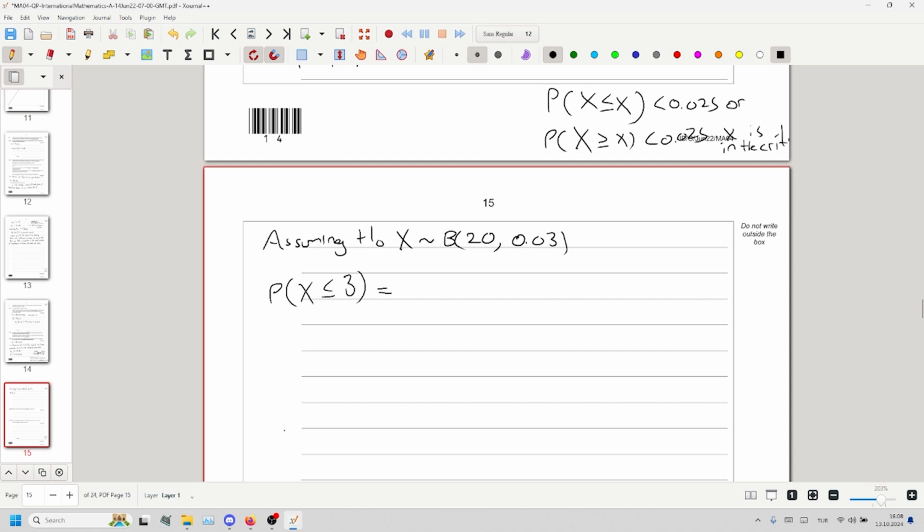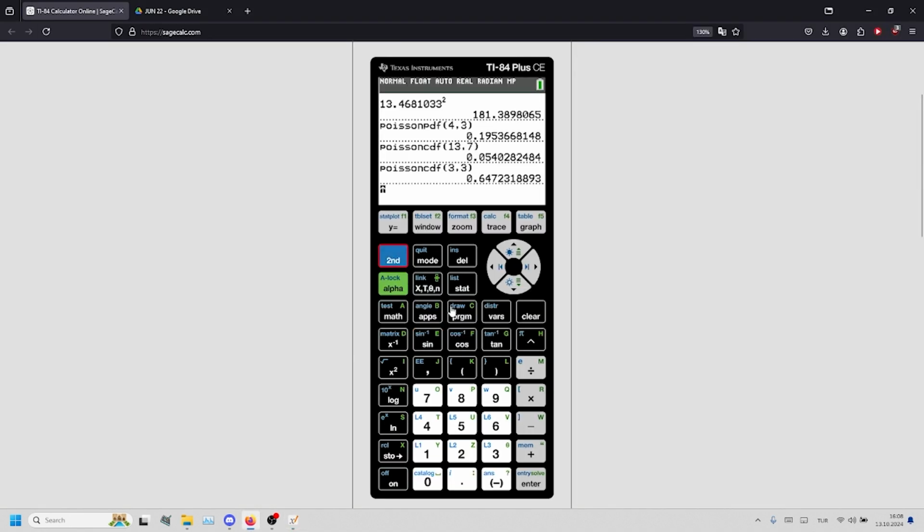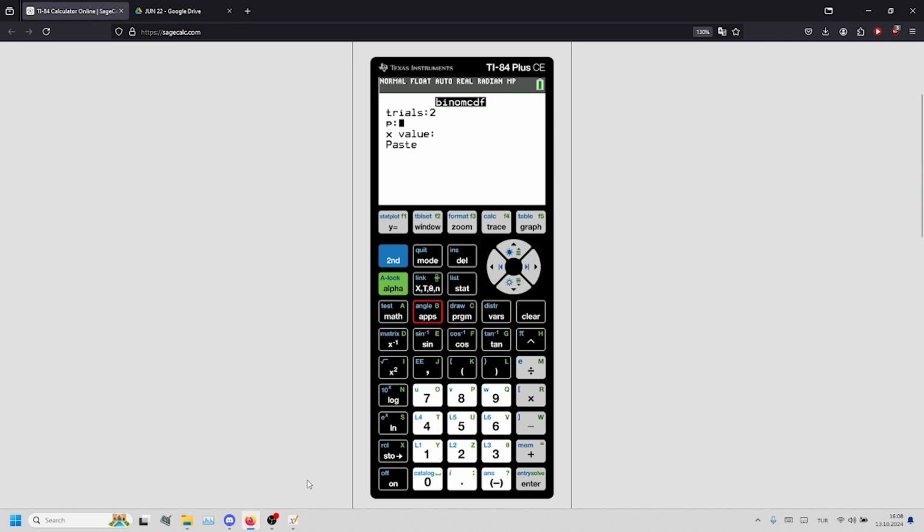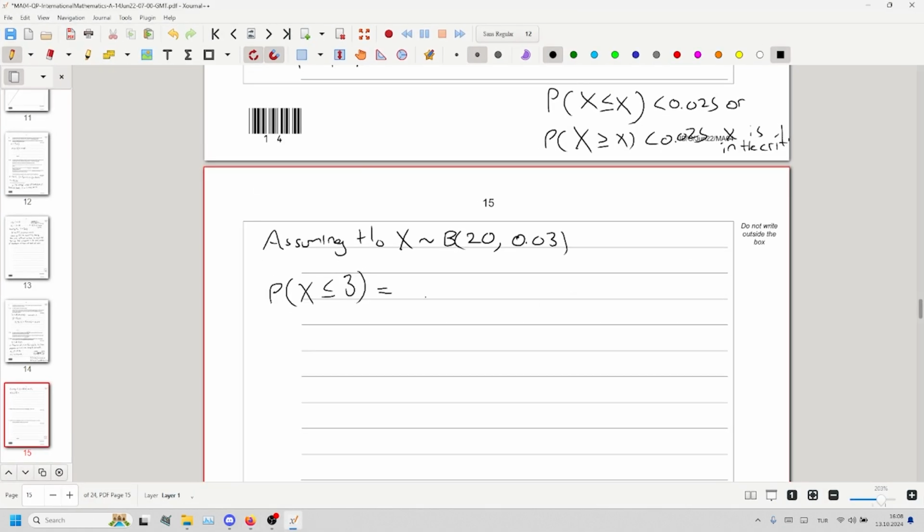That will be the binomial CDF with 20 trials, probability 0.03 and X value of 3. So that's really big. That's 0.997 something.